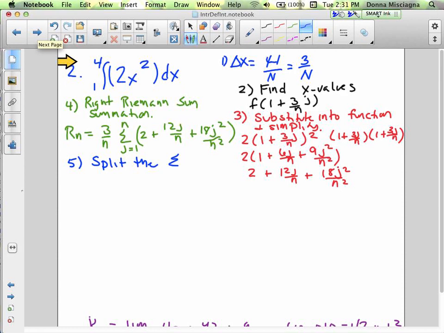Everybody gets their own little change in x, their own little sigma. So R n equals, you get a sigma, and you get a sigma, and you get a sigma.